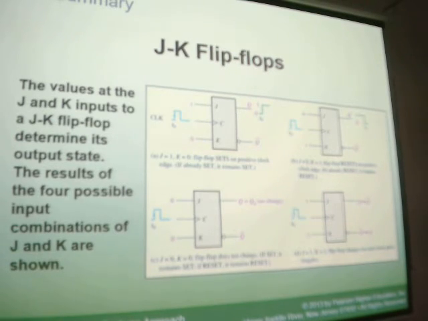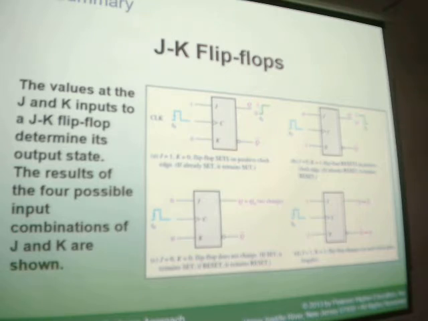Because when J equals 1, K equals 1, then Q equals to Q bar, right? Yes. 1, 0, yes.